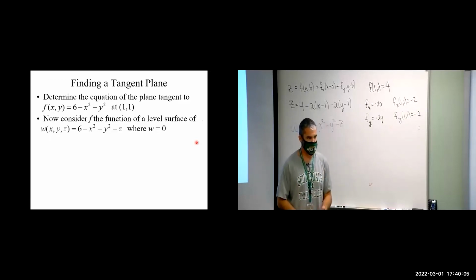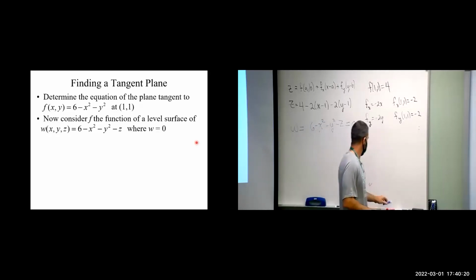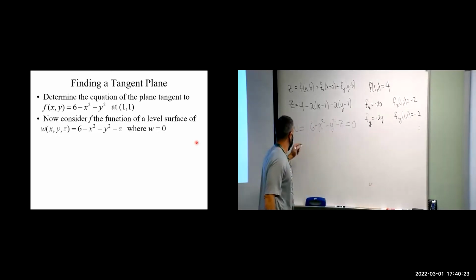For a function of 3 variables, the gradient actually gives us a normal vector to the level surface. So we'll find its gradient.